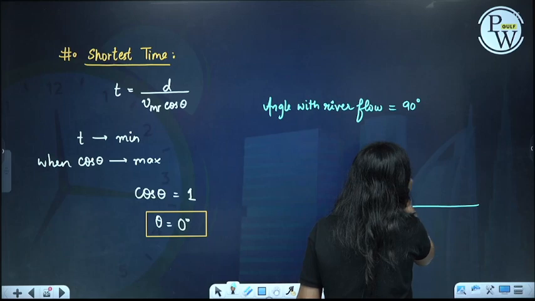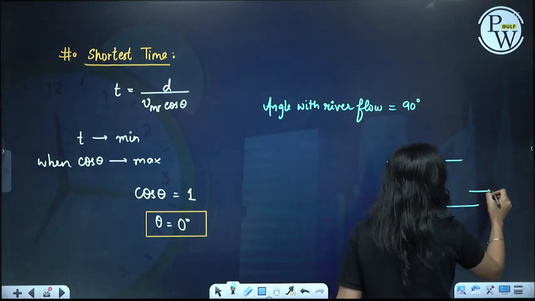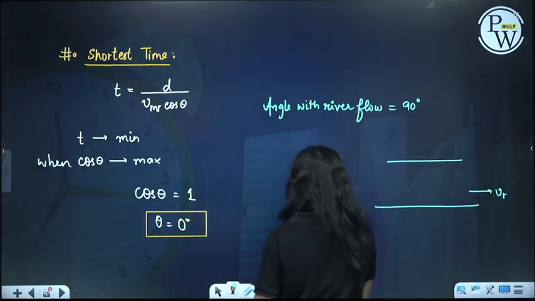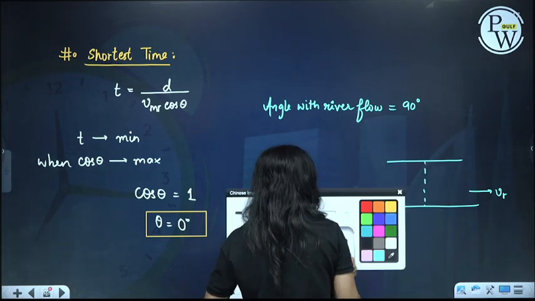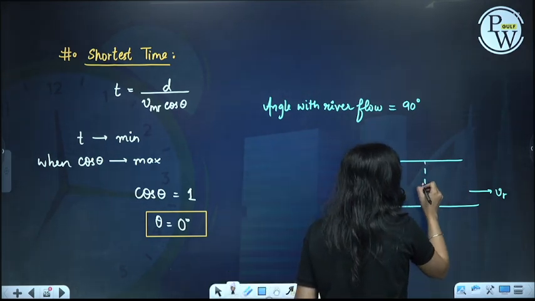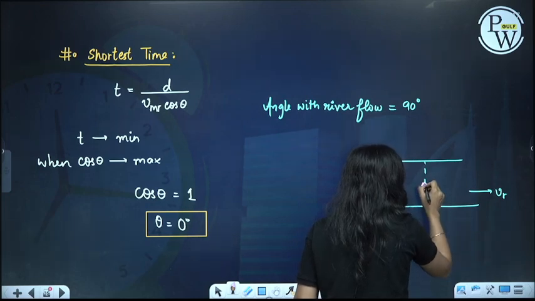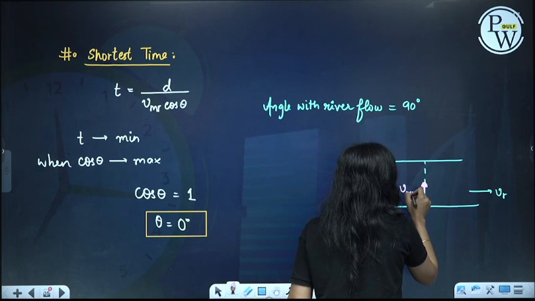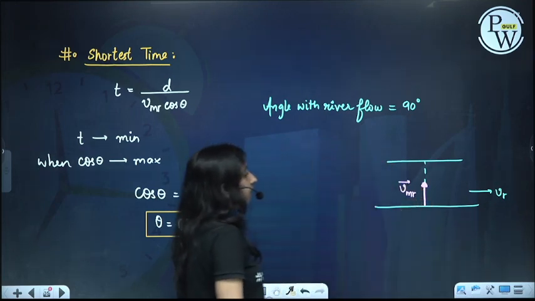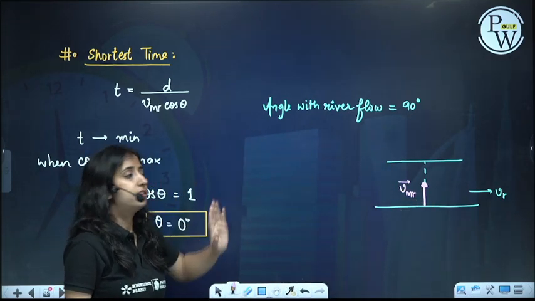So if this is my river which is flowing with speed VR, this is my vertical. The man makes an angle theta with the vertical. Theta is 0, it means he should move with velocity VMR in this direction.